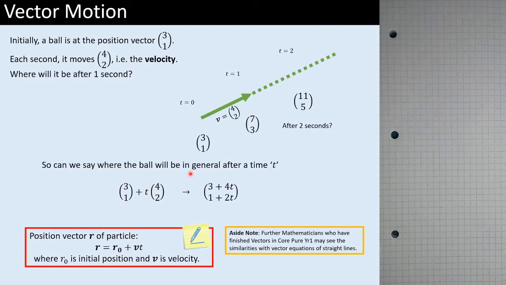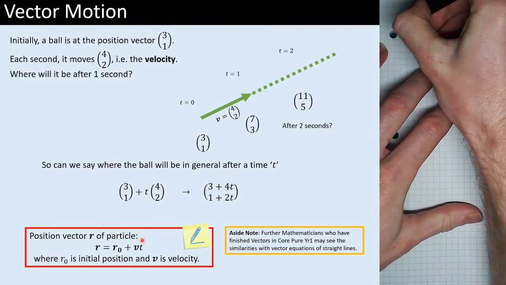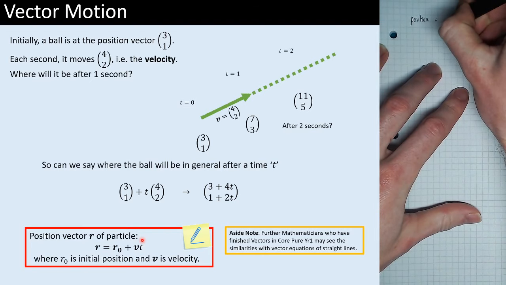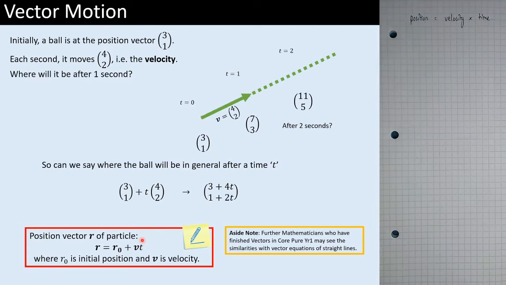And if we were to kind of take this and simplify it, rather than thinking about vectors, thinking about just numbers, what we have said is the distance that it travels is equal to its velocity times time. Okay, which is just a rearrangement of speed equals distance over time. Okay, so we've said that position equals velocity times time.